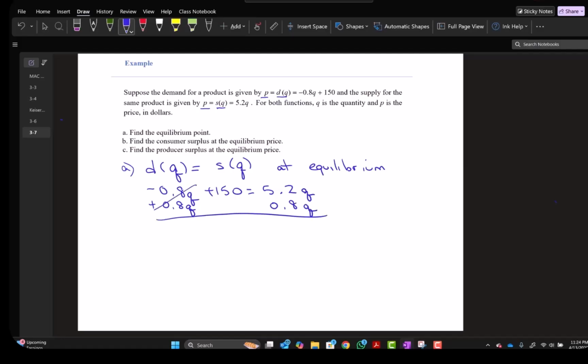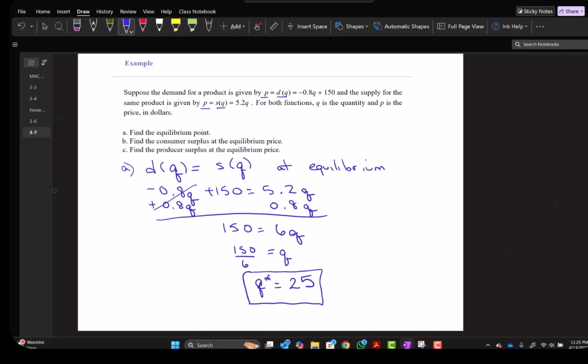This will cancel. I get 150 is equal to 6 Q, so Q is equal to 150 divided by 6. Q equals 25. My equilibrium quantity is 25.